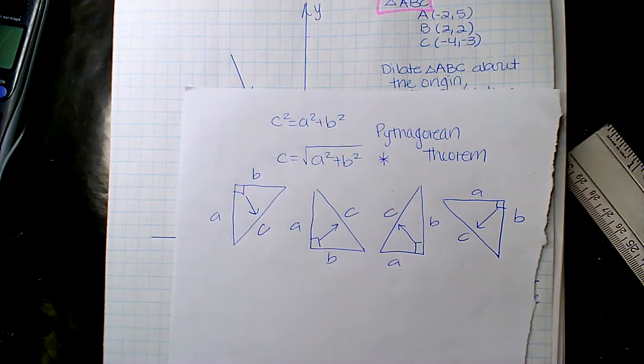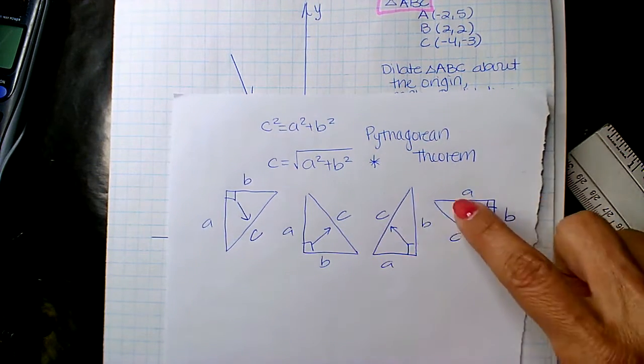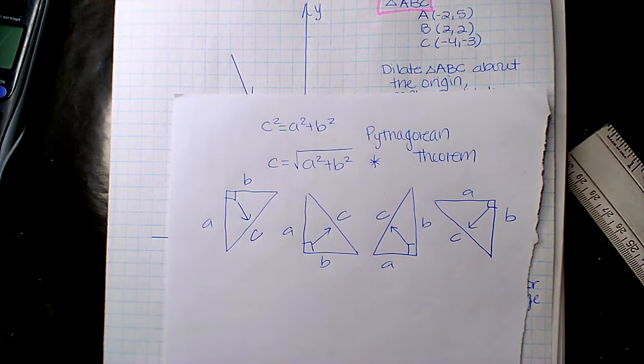The hypotenuse, or your C, is always opposite the 90. C is a hypotenuse, A and B are legs. So when we go into this dilation, pre-image, image, we're going to find the lengths. The lengths are all the C's, the hypotenuse sides. They're all the slanted sides, because when we look at the triangle, they're not vertical and horizontal lines. They're diagonal slanted segments. So it's our C.